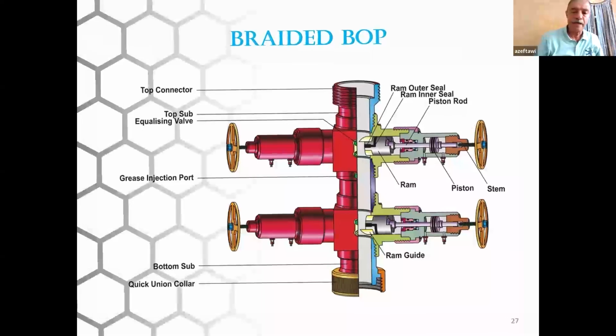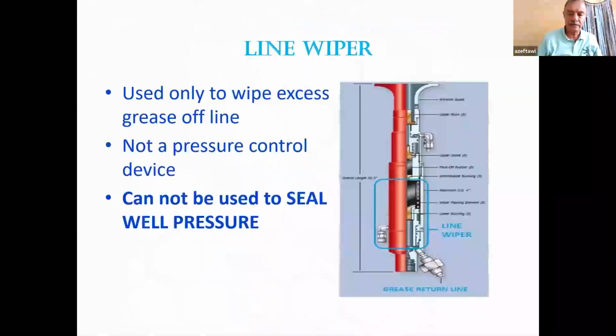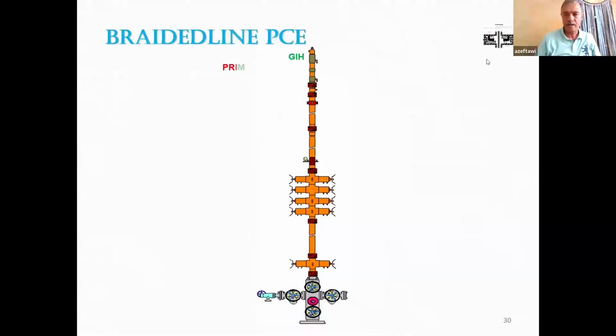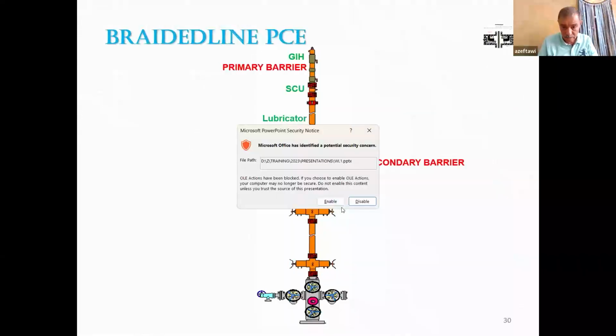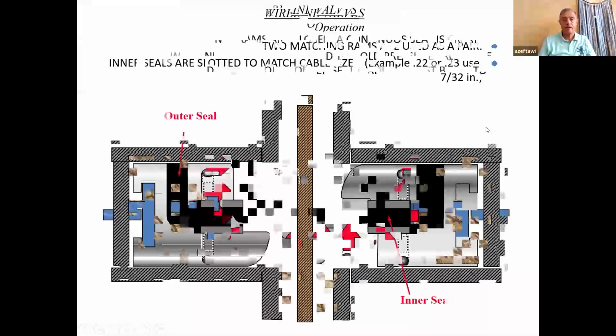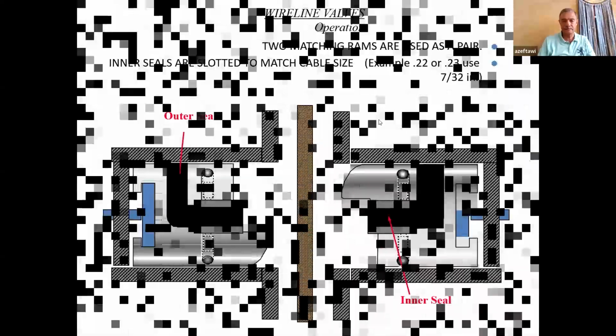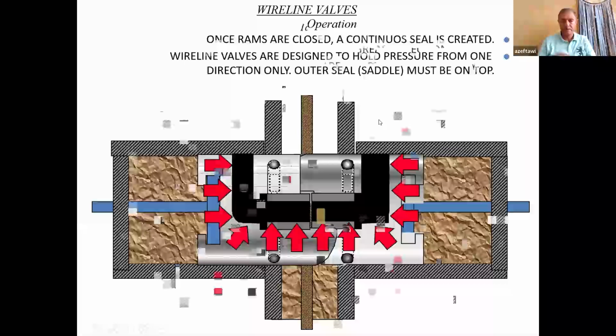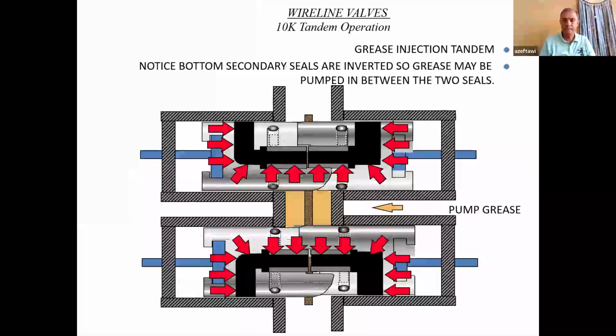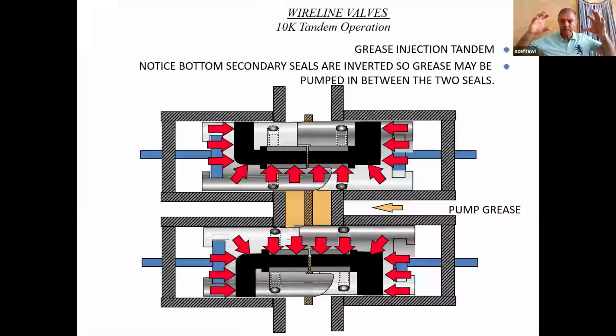That's why in braided line or E-line, when you close the two sets, as you see here, when you close the upper set, this is the outer seal, this is the inner seal.